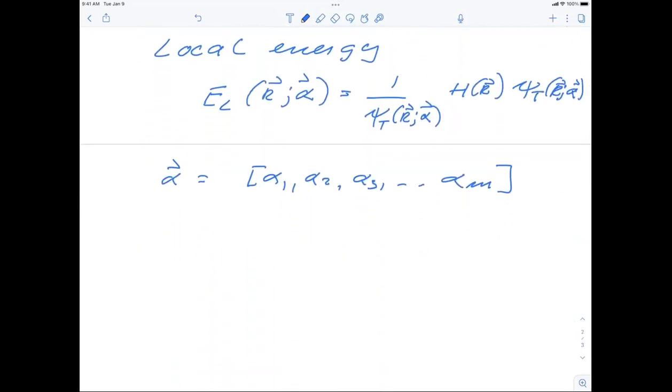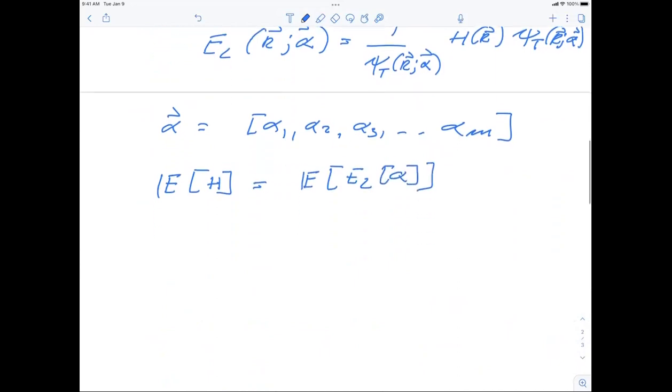The expectation value of the Hamiltonian operator can now be rewritten in terms of the expected value of this quantity, E of L as a function of alpha. I'm going to use this shorthand notation, E of L as a function of alpha.